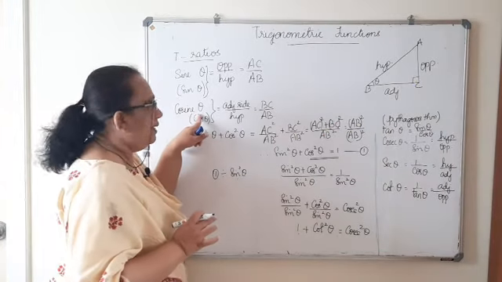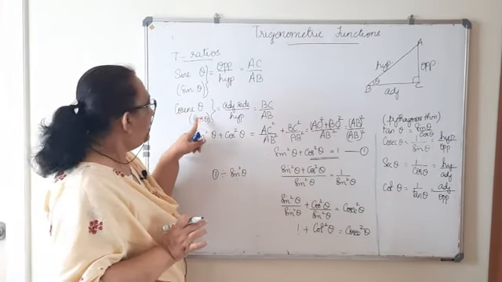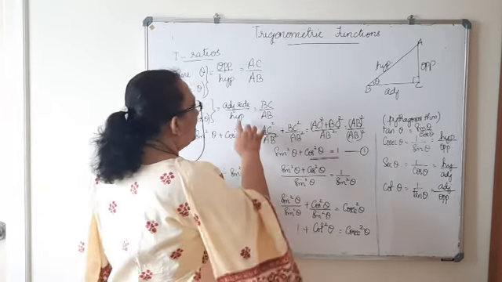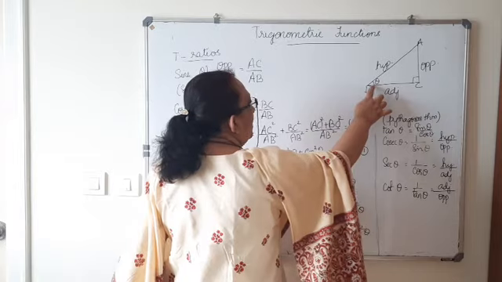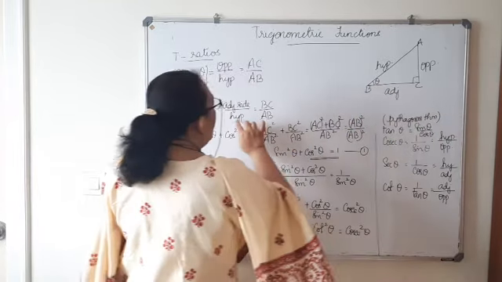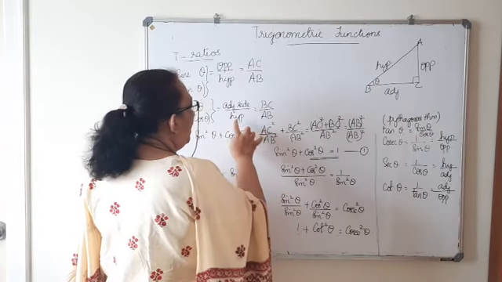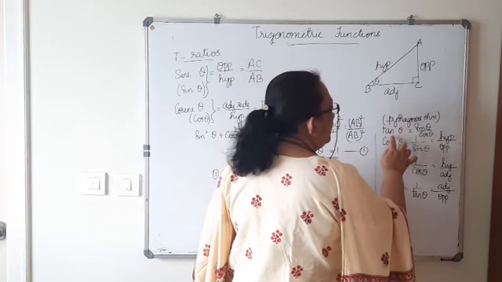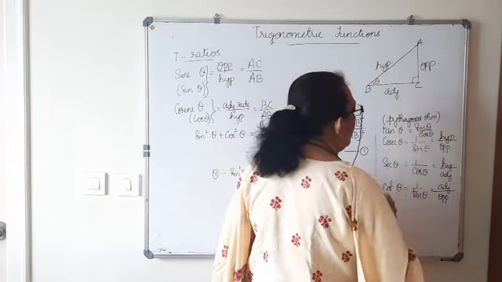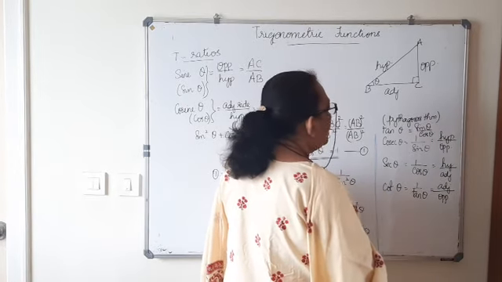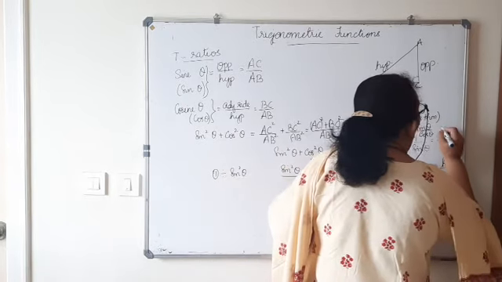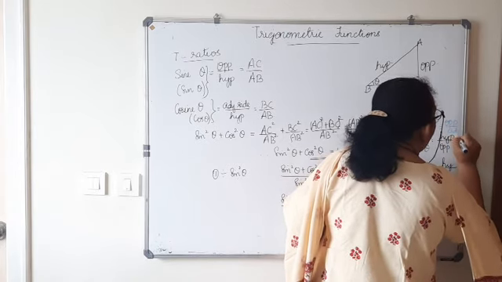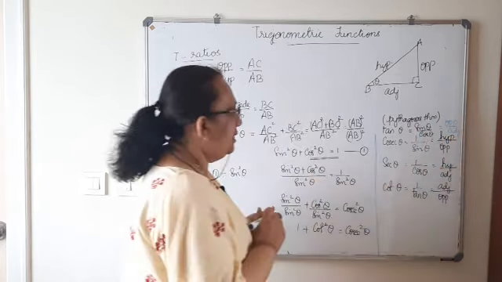Cosine of the angle theta, we define it as cos theta, and cos theta is defined as adjacent side of theta, that is equal to BC by hypotenuse AB. And tan theta, tangent theta, is defined as sin theta by cos theta, or tangent theta is defined as opposite side by adjacent side.